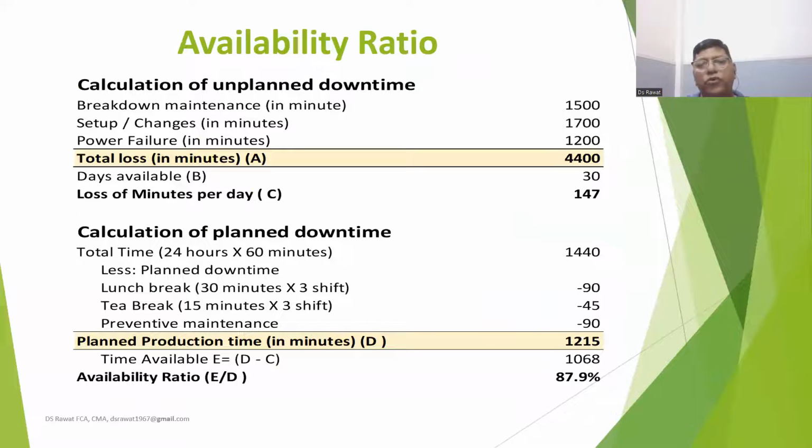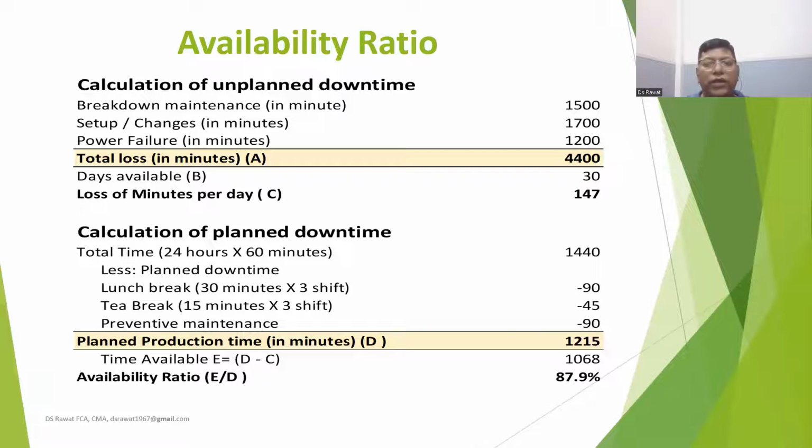Now we come to the computation of the availability ratio, how it is computed. There are two types of downtime. One is planned downtime and second is unplanned downtime. What is planned downtime? Planned downtime means a downtime for which we already know that this will happen.